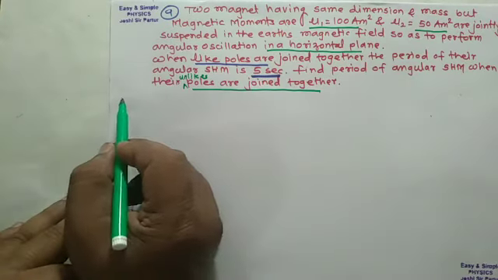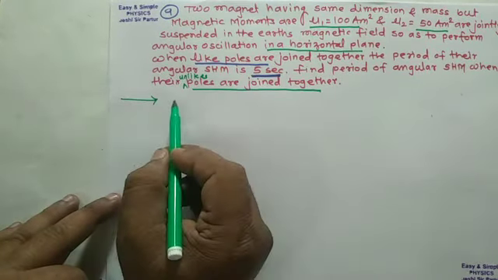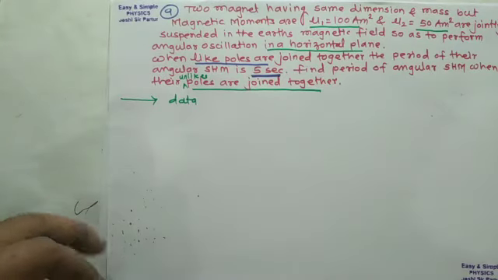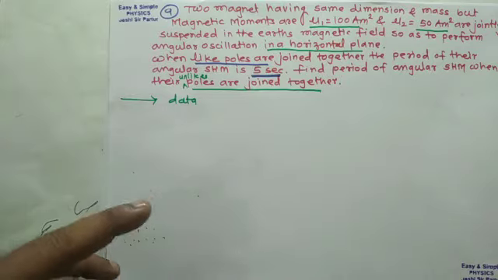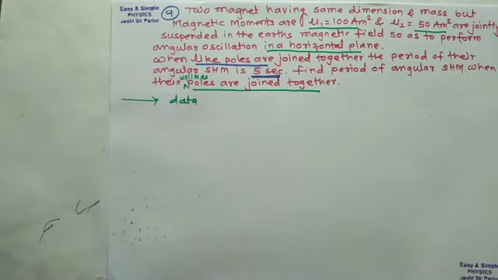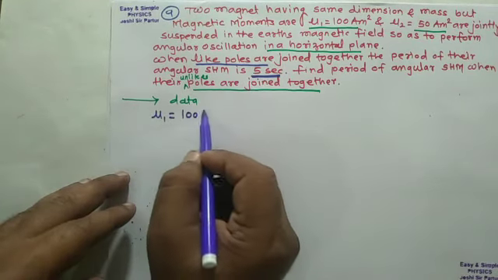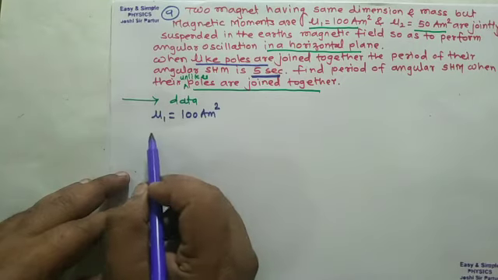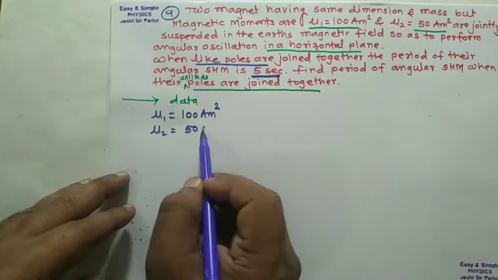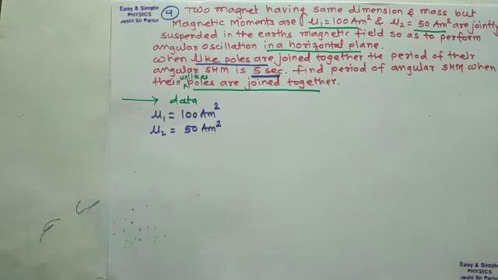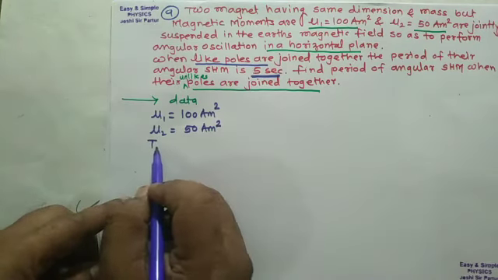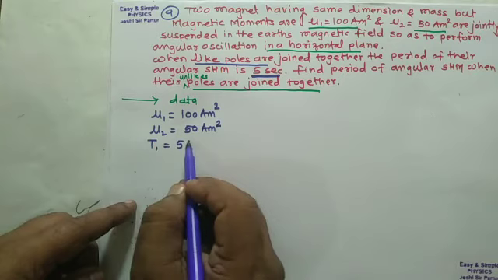We can find out the time period for unlike poles. So first of all we can write the data. In this question, mu1 and mu2, the two moments, are given. It can be written as mu1 is equal to 100 ampere meter square and mu2 is equal to 50 ampere meter square. Then time period: first time period T1 is equal to 5 seconds.